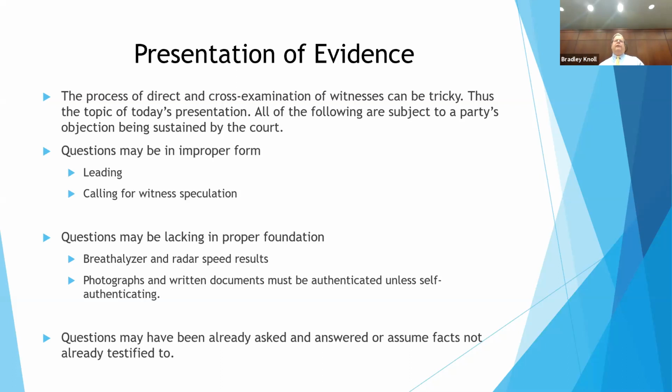The prosecuting attorney can't just say to the police officer, so was the defendant going 85 in a 70-mile-an-hour zone? If that's the first question, defendant or defense attorney is going to say, objection, Your Honor, lack of foundation.